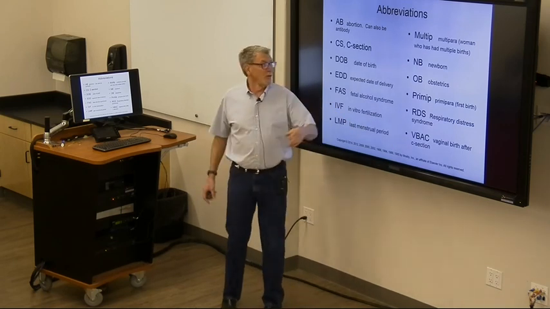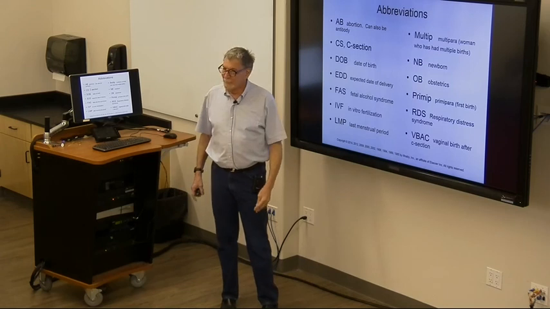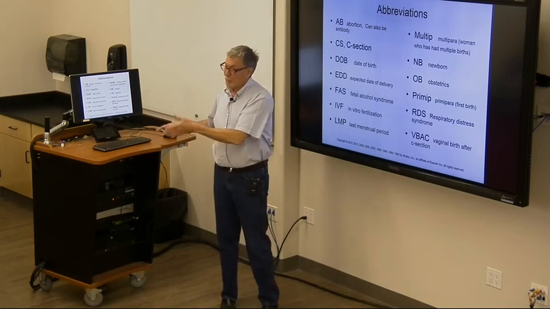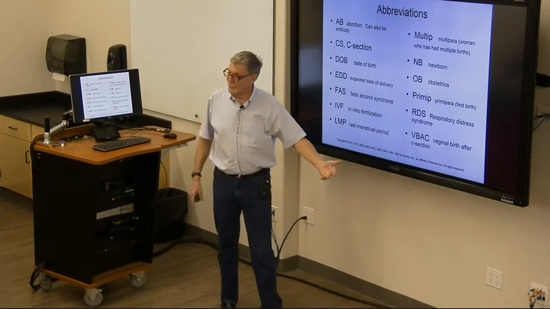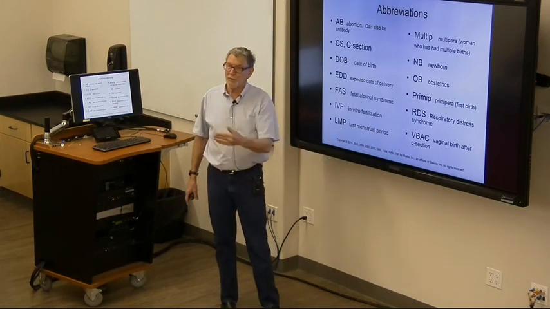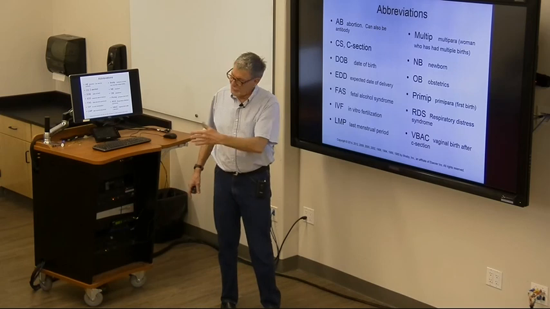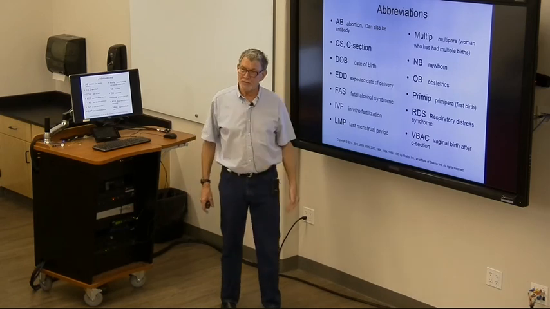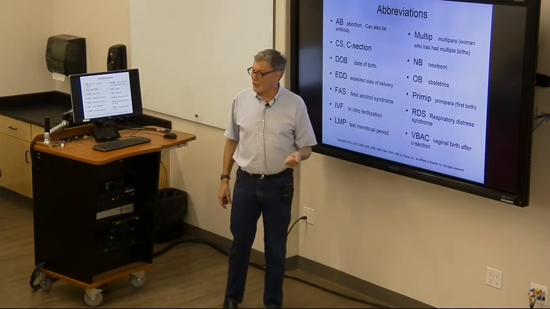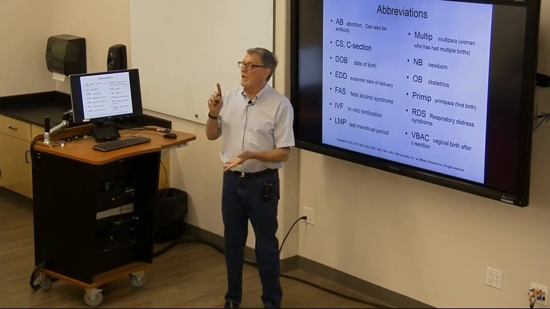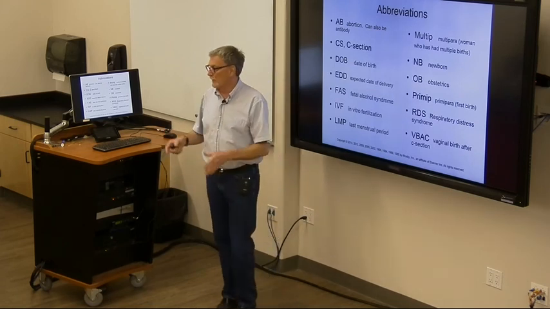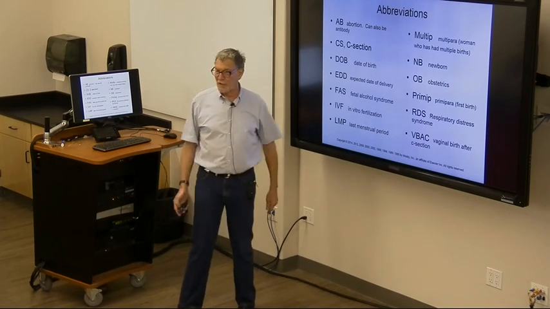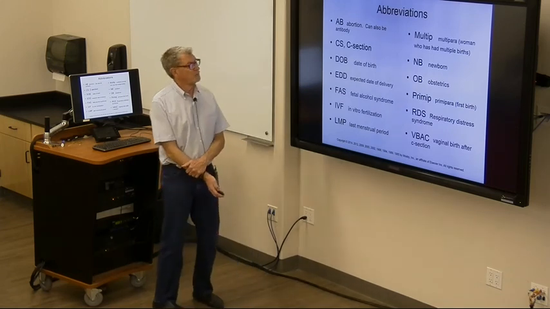So she's multipara. She had a baby before by C-section, but now she was able to have a normal vaginal birth. Sometimes people have a C-section, think they'll always have to have C-sections, but it's not necessarily the case. Might have had a C-section because there was distress of the baby. It was a breech presentation that looked like it was going to be impossible to deliver, but the next one comes out just fine, so to speak.